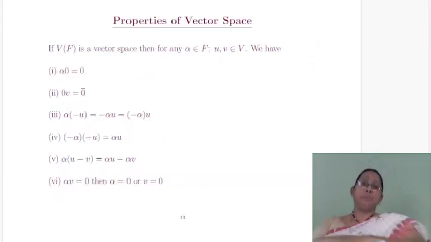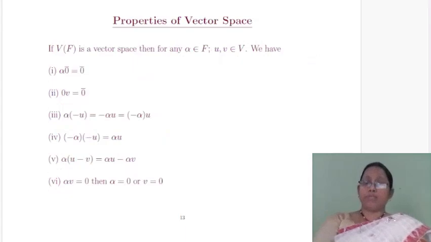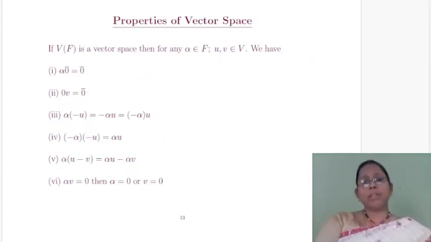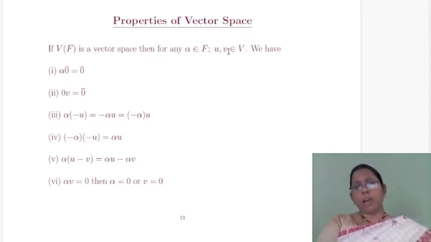Next are the properties of vector space. If V(F) is a vector space over the field F, then for alpha any element in F and any element in V, we have alpha times the 0 vector equal to the 0 vector.